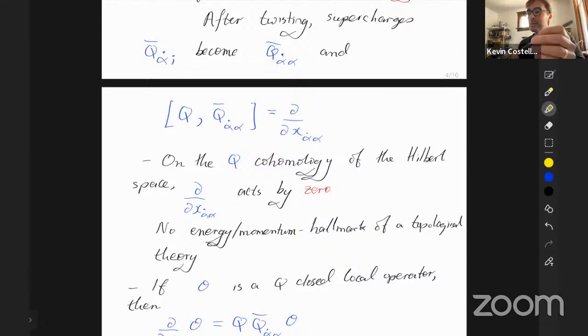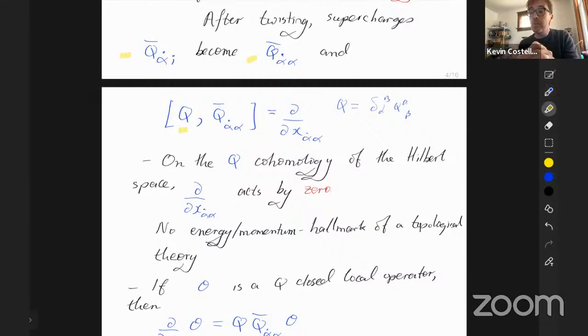When I twist, my Q bar supercharges, the index I becomes an index alpha. So it looks like this, Q bar alpha dot alpha. So it transforms as a vector. And if one looks at the original commutation relations, we take our supercharge Q, it looks like that.